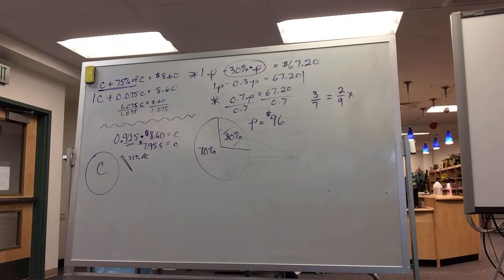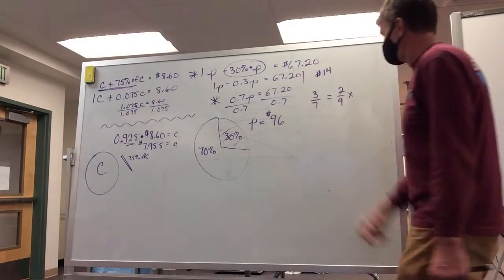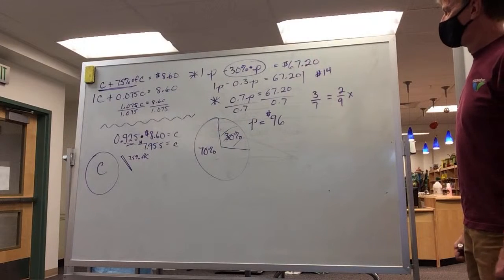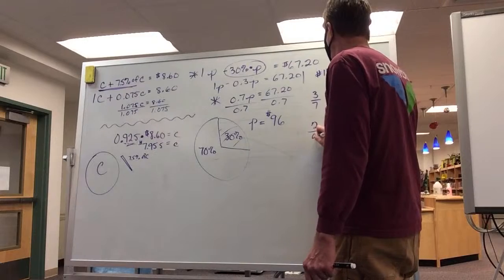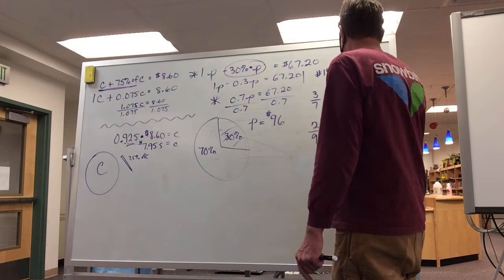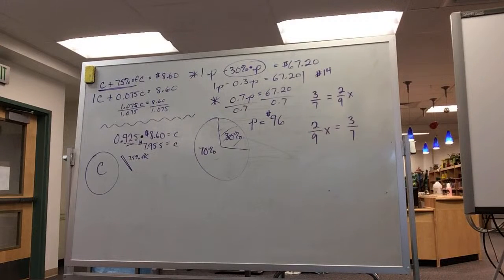Yes. So for 14, is it okay that I rearranged it? How did you rearrange it? I put 2/9 times x equals 3/7. Oh, so you did this. It's still the same problem. Yeah, easier to look at for you?